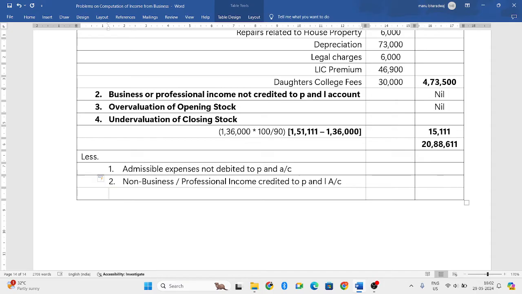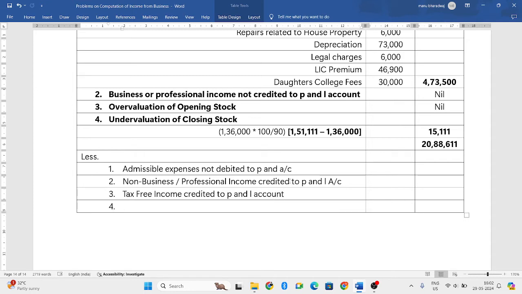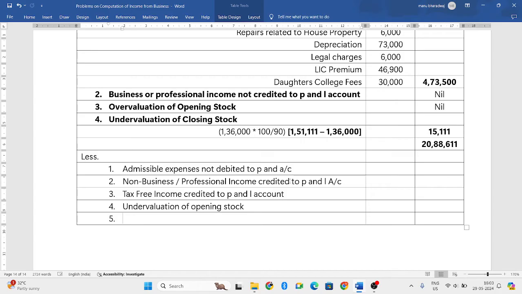The third one is tax-free income credited to P&L account. Next is undervaluation of opening stock, and the last one is overvaluation of opening stock. First, admissible expenses not debited to P&L account.